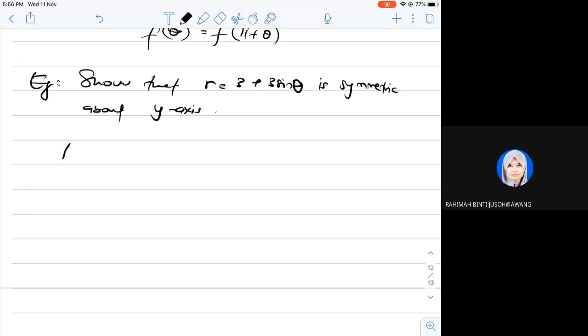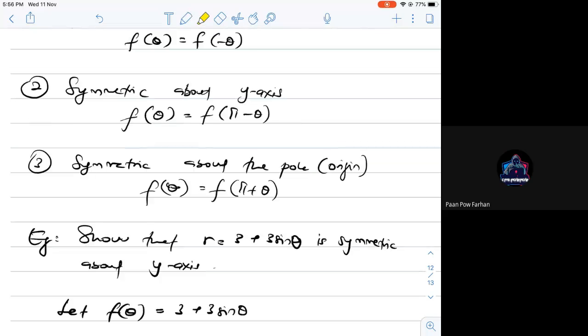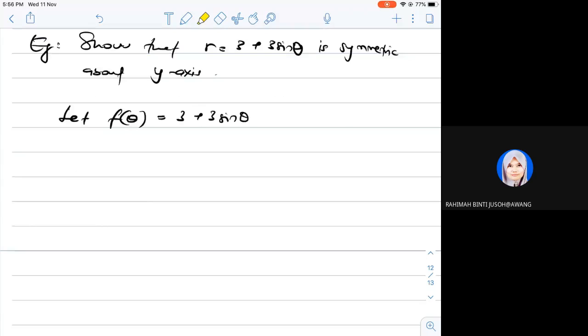So, first of all, we let f theta equals R, which equals 3 plus 3 sin theta. Okay? So now, we need to show, mana symmetric y axis? This is the formula. We need to show pi minus theta. So you kena carilah pi minus theta. So 3 plus 3 sine pi minus theta.